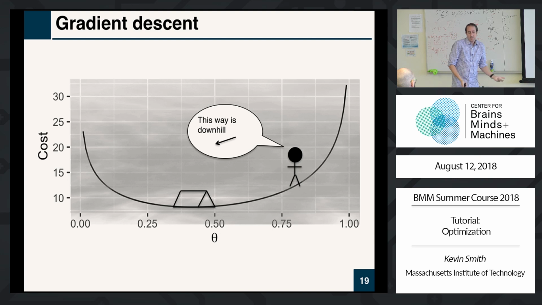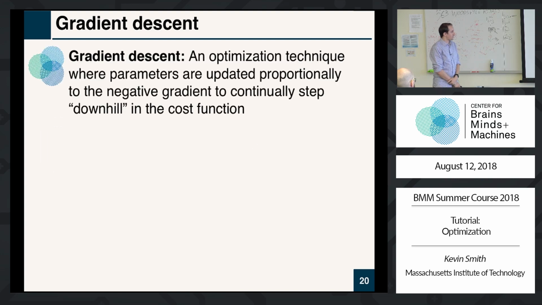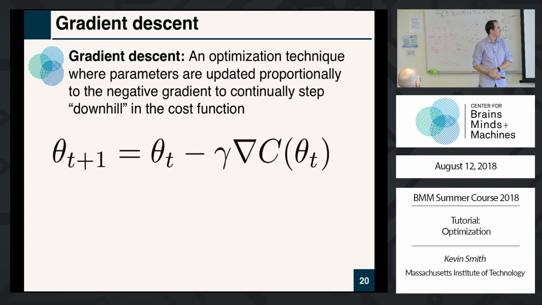And that's basically what gradient descent does. It's an iterative process. What you do is you start at a parameter value. You look at where is downhill. You take a step in that direction, and you keep repeating until you're close enough to the point where it's flat. So it's an iterative process.